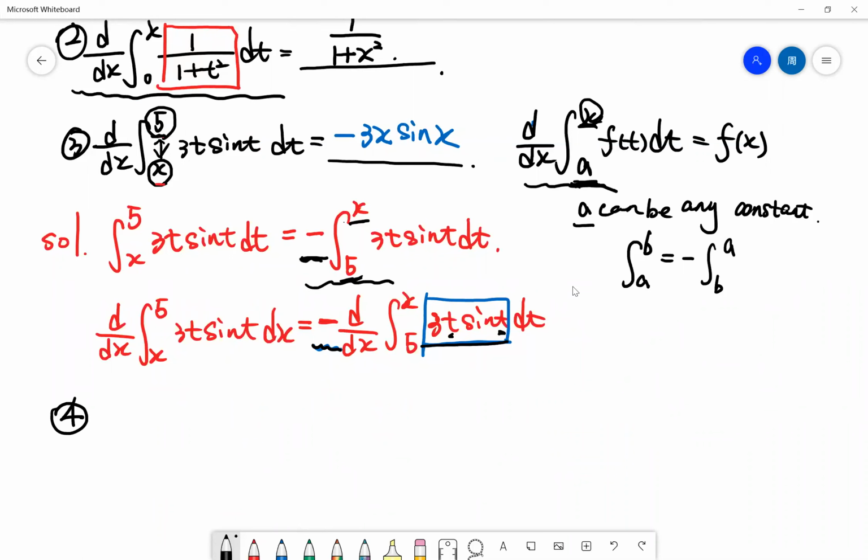That is to calculate dy/dx, where y is the integral from 1 to x squared of cosine t dt.